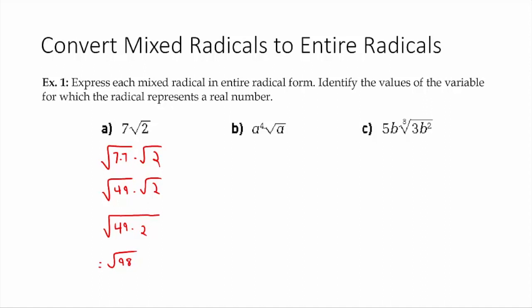So the same thing holds true for b, except this time we're dealing with variables instead of numbers. It really doesn't change what we did, but in this case, it's not a to the 4, it's actually a to the 4 squared times the square root of a. Well, again, exponent rules help out here. A to the power of 4, all that squared is equivalent to a to the power of 8 times the square root of a, and this gives you the square root of a to the power of 9.